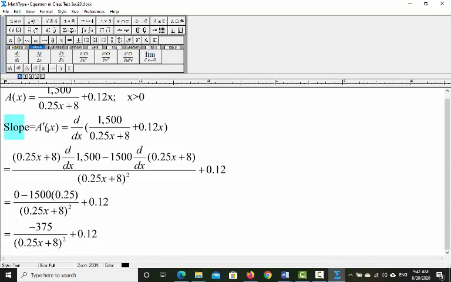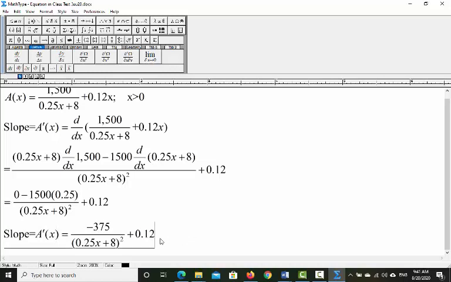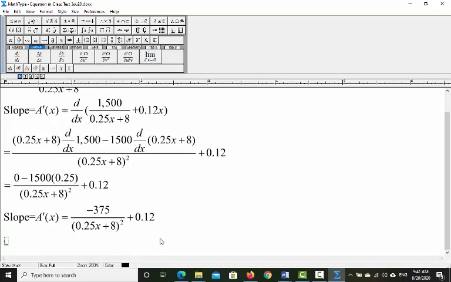This is what we got, the slope function, right? So we know that at stationary point slope is equal to 0.